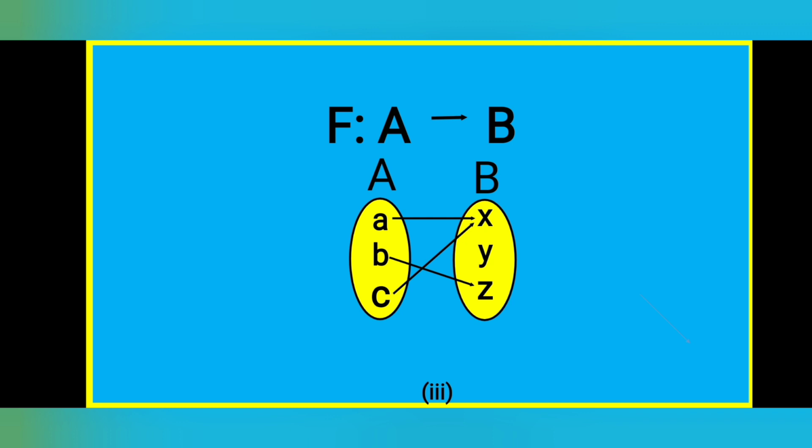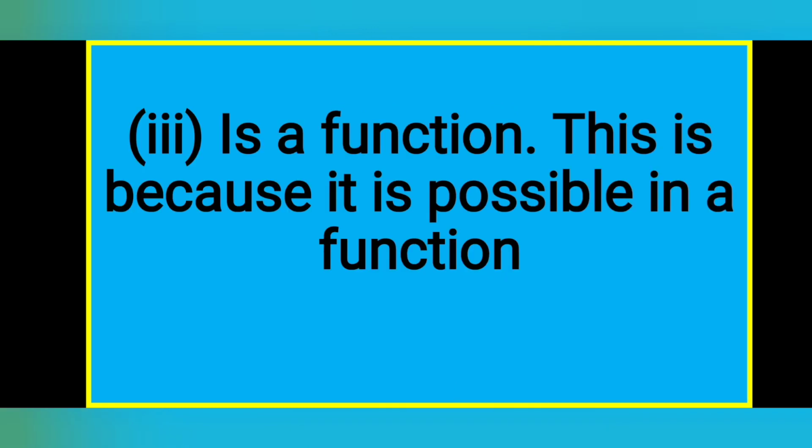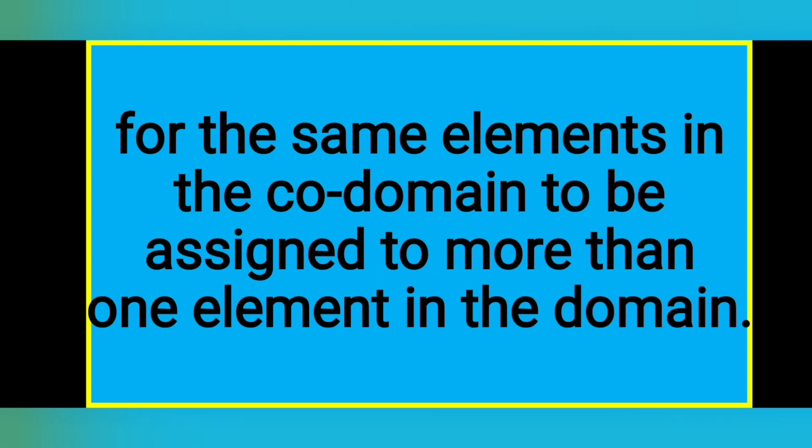What can we say about this diagram? Does it define a function? Yes, it does. It defines a function. This is because it is possible in a function for the same element in the codomain to be assigned to more than one element in the domain.